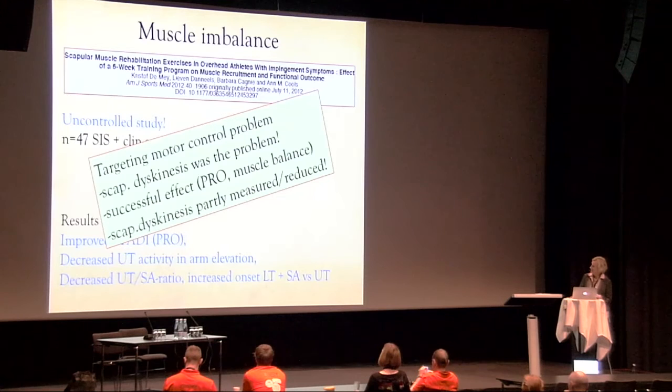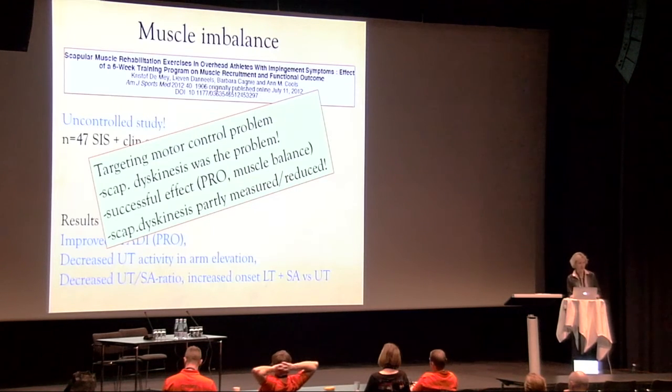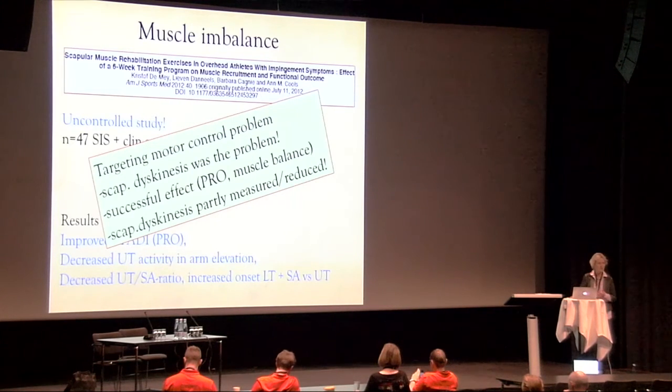There was some successful effect, both on patient-reported outcomes and muscle balance actually, because they succeeded in decreasing upper trapezius muscle activity and decreasing the ratio of the upper to the lower trapezius or serratus anterior ratio, and they increased the onset of lower trapezius and serratus anterior versus the upper trapezius muscle.